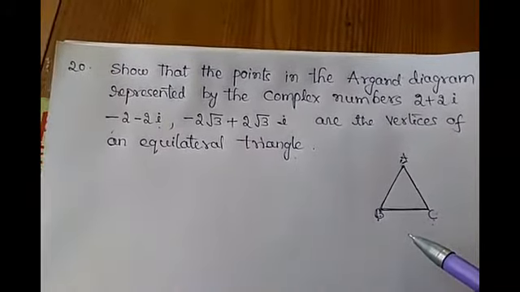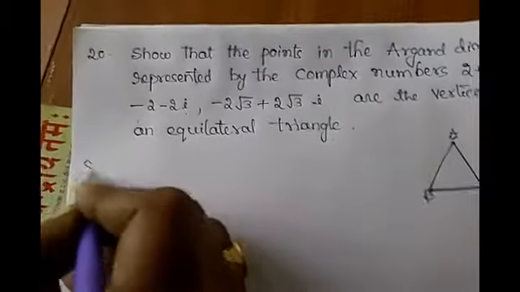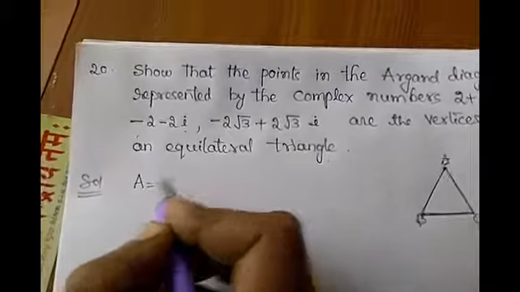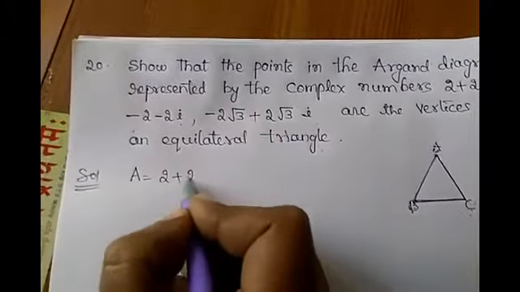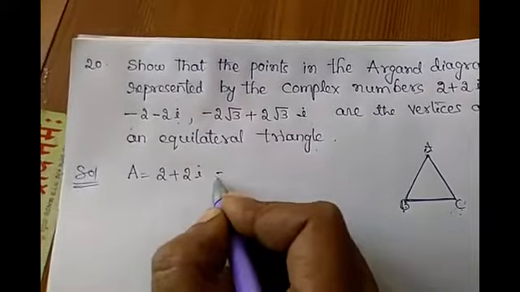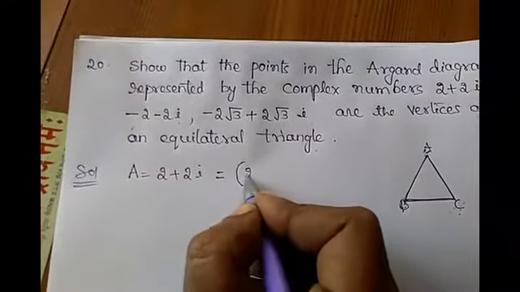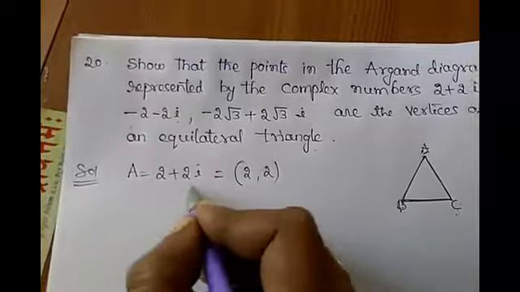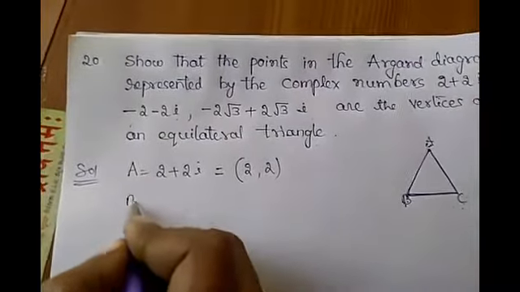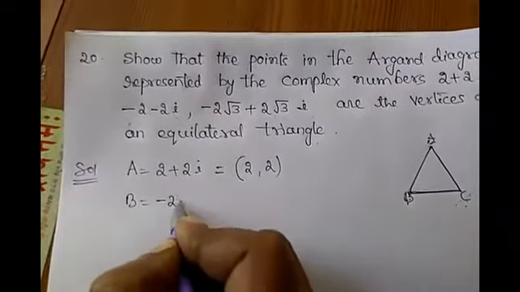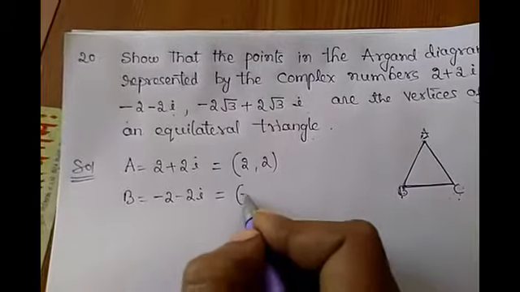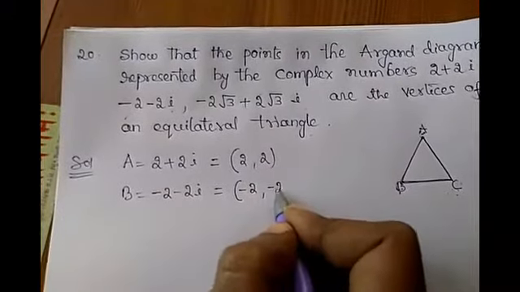Let us suppose A equal to 2 plus 2i. A equal to 2 plus 2i gives what? The ordered pair 2 comma 2. You can write this complex number as the ordered pair 2 comma 2. And B equal to minus 2 minus 2i is minus 2 comma minus 2.